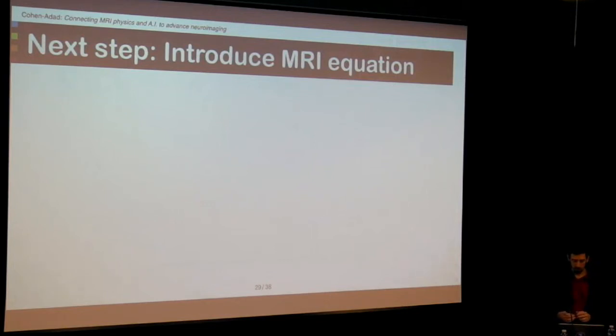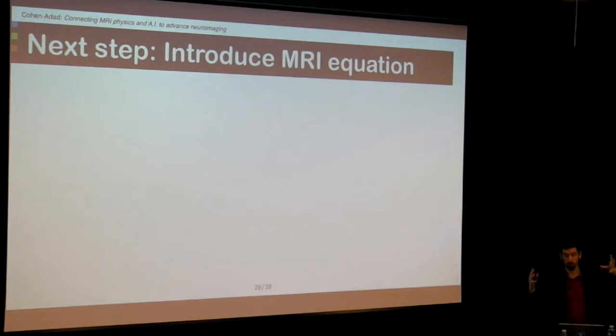One of the limitations that I see, and that we've discussed, is that the current architecture does not take into account the interplay between the parameters. We know that the TR, the flip angle, all the MRI parameters are related to each other. If the TR changes in one way and the flip angle changes in another way, the contrast will change with respect to those two parameters.